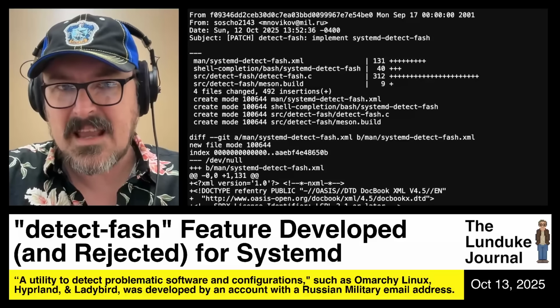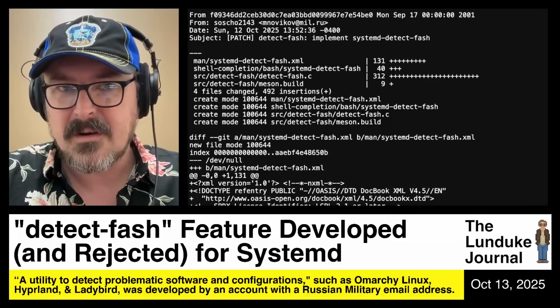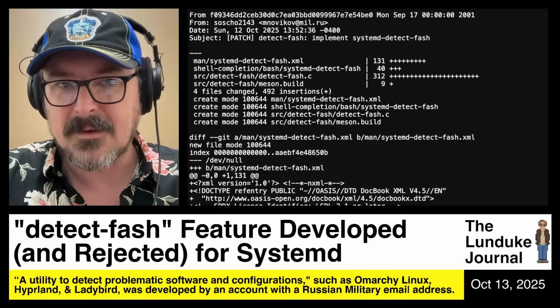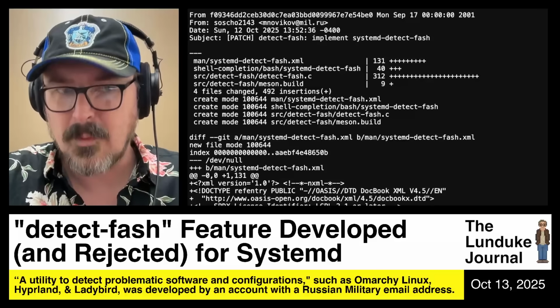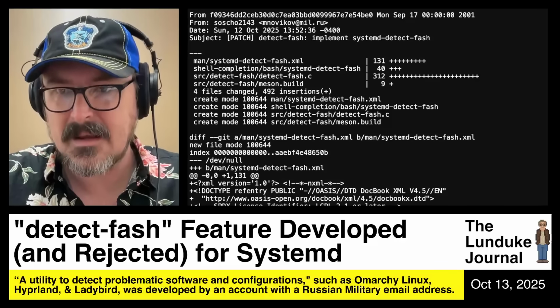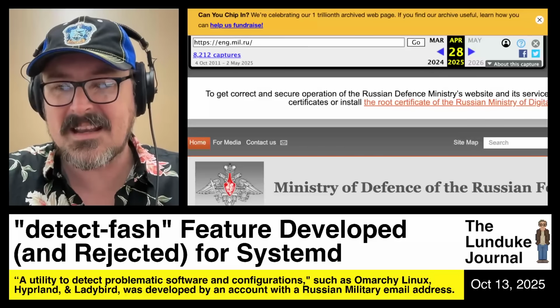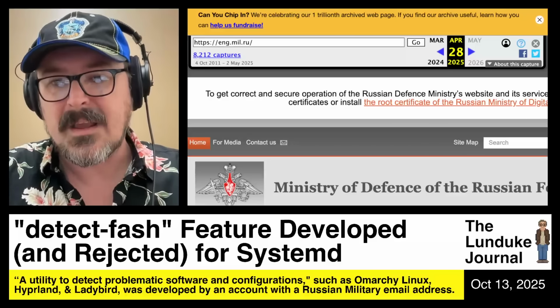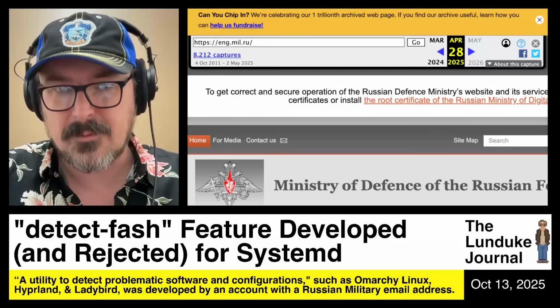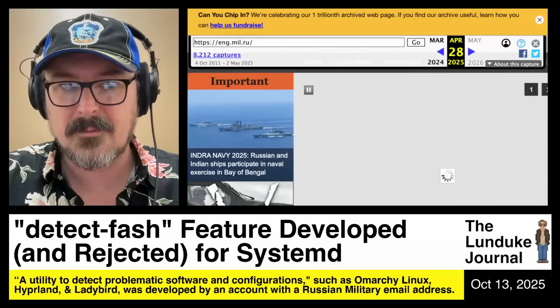The email address of this user is a mil.ru email address, a Russian military email address. It is an email address that points specifically to the domain for the Ministry of Defense of the Russian Federation, mil.ru.